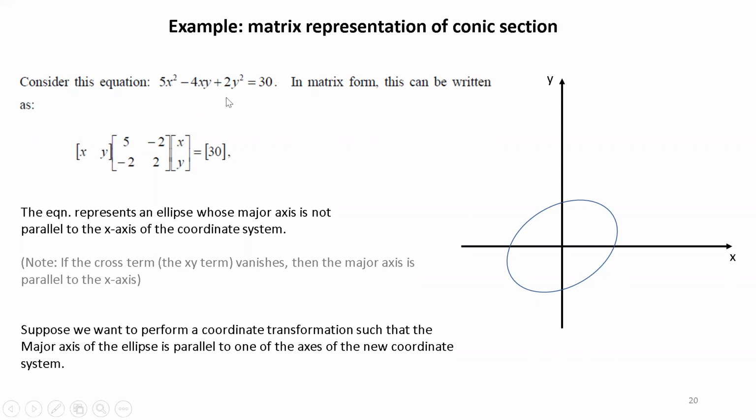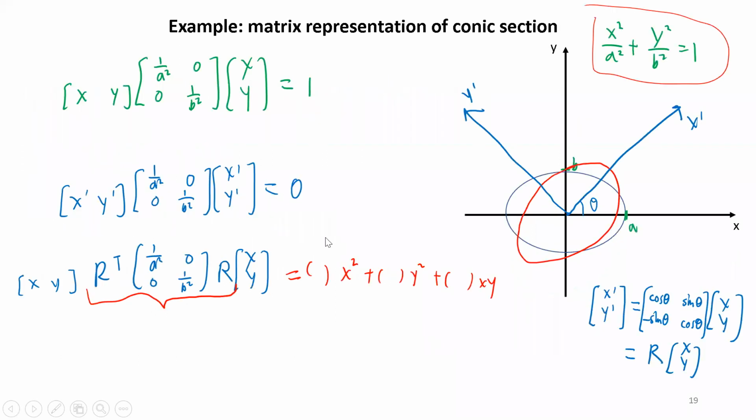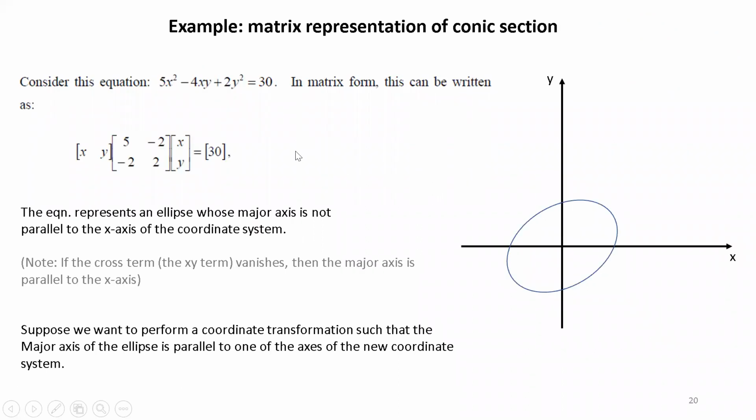But if you understand that this cross term can be removed by picking a suitable rotation of the coordinate system, right? So that in that coordinate system, this cross term will not be here, and then you will see nice and clear it is an ellipse equation.